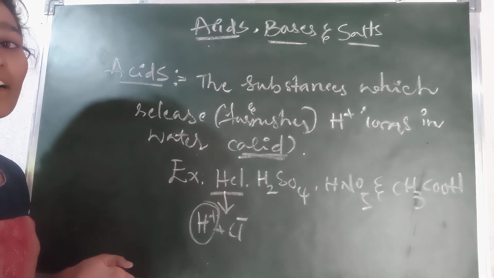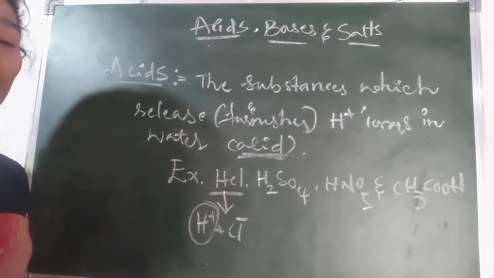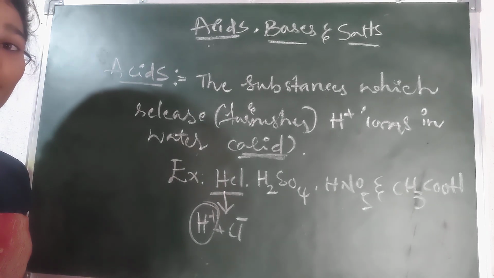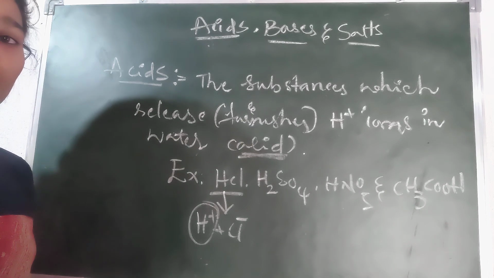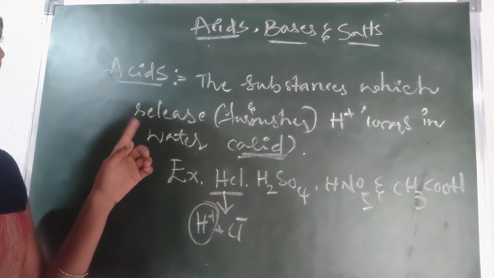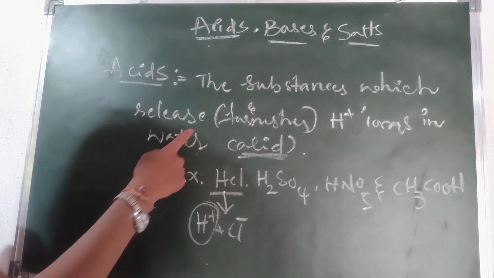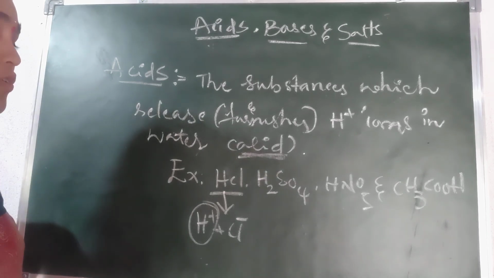All these are acids. Now we should discuss the properties of acids, the uses of acids and some examples. Do you understand this clearly? Acids are substances which release H plus ions in water, for example HCl, H2SO4, HNO3 and CH3COOH.